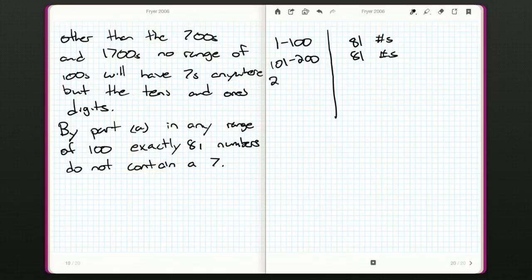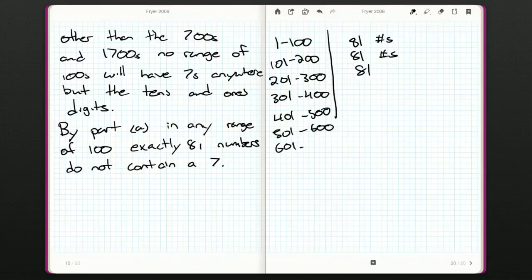Okay, 201 to 300, that's 81. 301 to 400, 401 to 500. We're getting close to the 700s, however. 601 to 700. So that would be 81 there. But it's minus 1 for the 700.